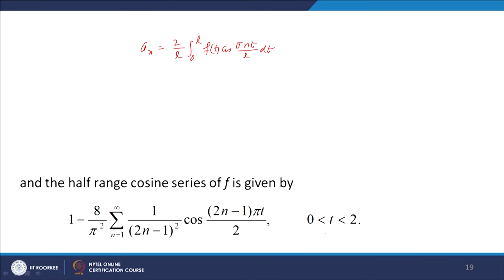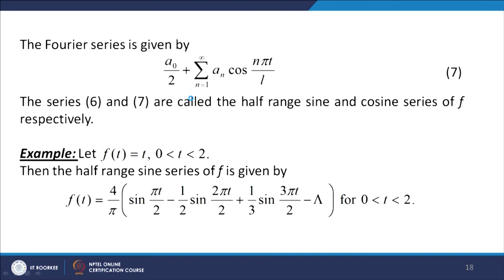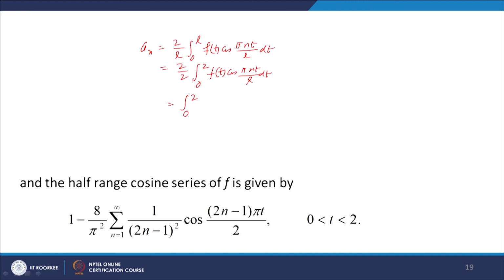The function is defined over 0 to 2, so L is equal to 2. So, we get 2 over 2, integral from 0 to 2 of f(t) cos(n pi t / 2) dt, and in the interval 0 to 2, f(t) is defined as t. So, we can write it as t cos(n pi t / 2) dt.